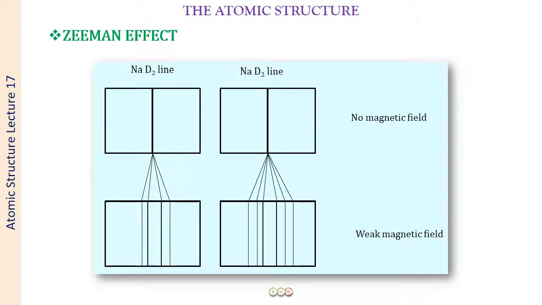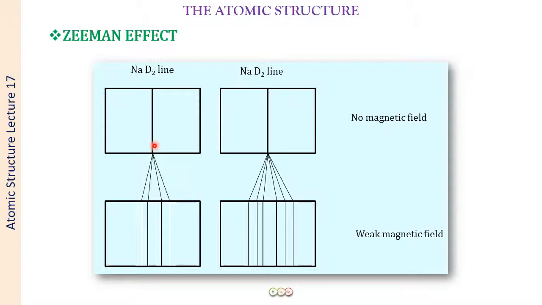So here you can see the Zeeman effect. We have taken the spectrum of the sodium atom, and you can see the D2 line and the D1 line. Under no magnetic field, there was a single line. We have seen these single lines in the sodium spectrum, that there were two yellow lines, right?